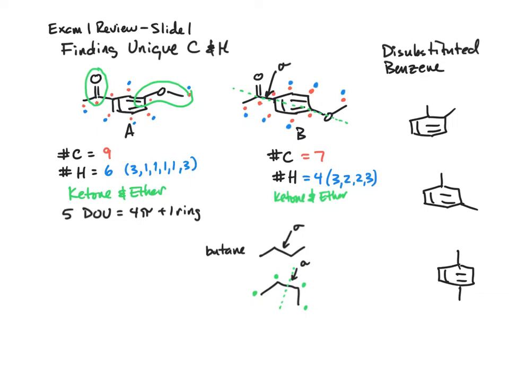So maybe what we can do is first assume that this group here is a methyl and that group there is a methyl in each case. So methyl and methyl. Now why don't you think about the number of unique carbons in each of them?